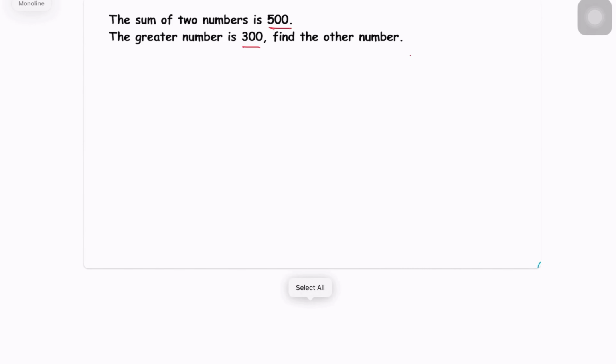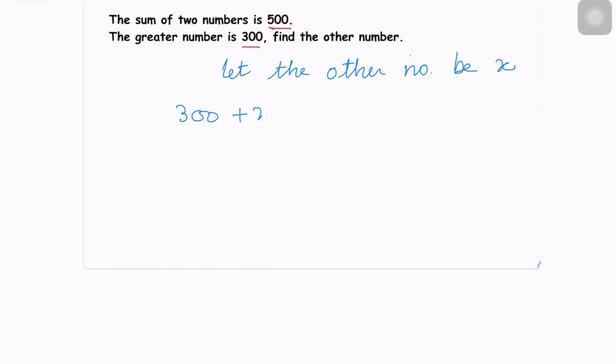So again we will write the same thing. Let the other number be x, okay. Then the equation will become 300 plus x is equal to 500, correct? Now what we are going to do, we want to have x on one side of the equal sign, okay.